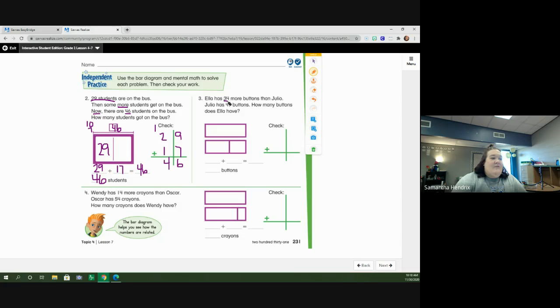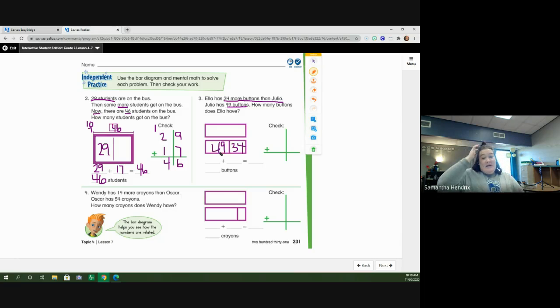Okay. Ella has 34 more buttons than Julio. Julio has 49. How many buttons does Ella have? She doesn't have 34. She has 34 more. So we don't know the whole. We know Julio, she has 34 more than Julio. So we know Julio has 49. And Ella has 34 more. So we just have to add those, okay?